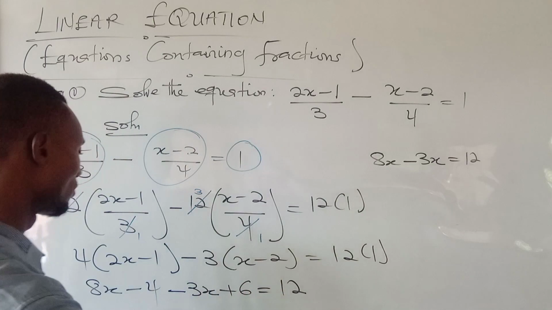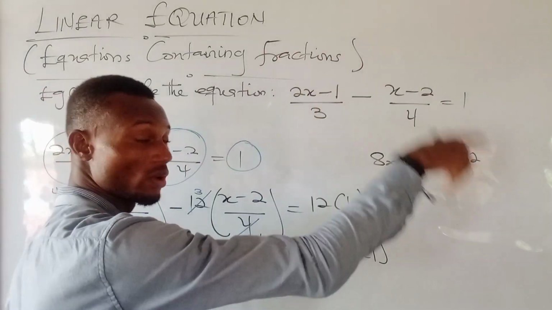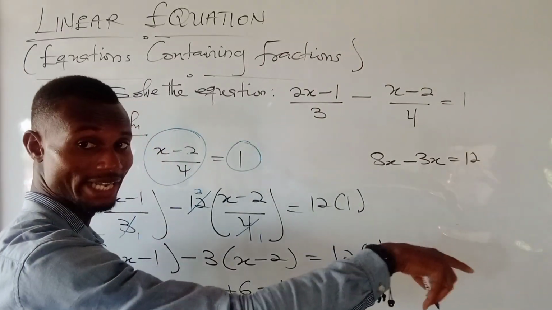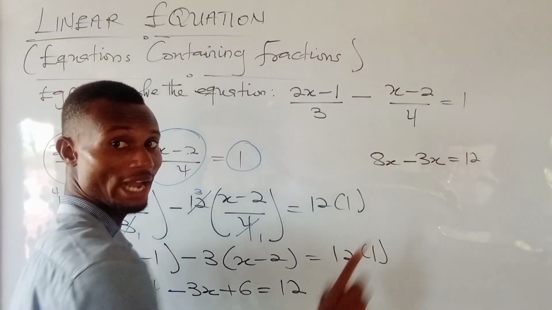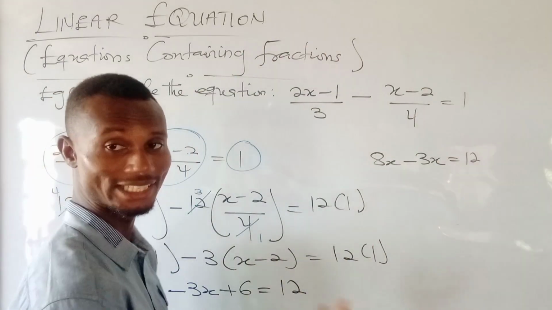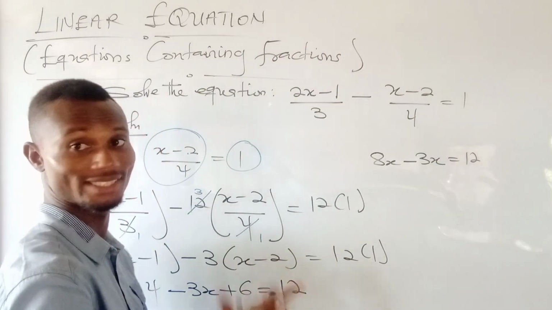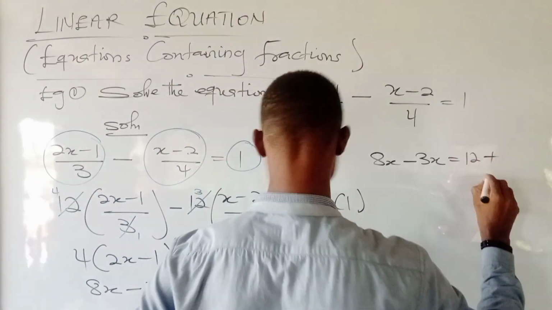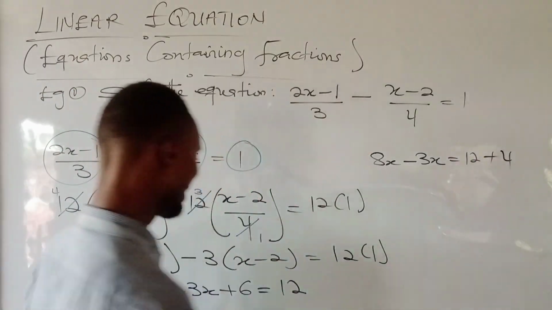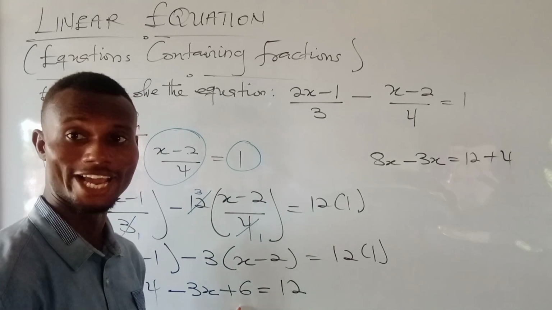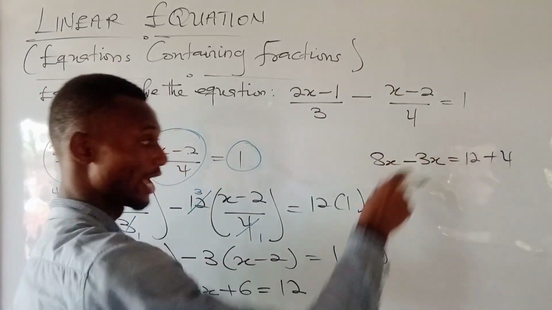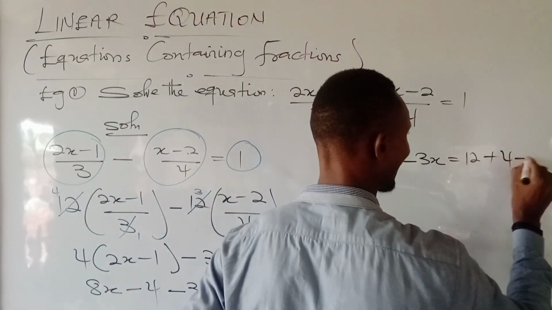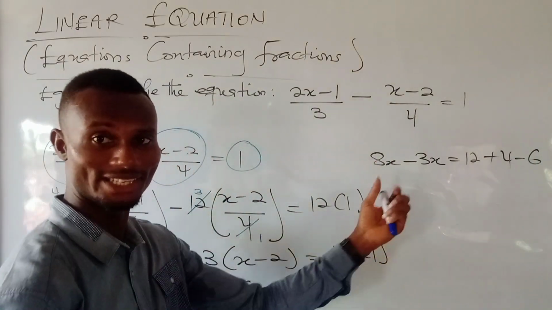Then now the negative 4 crosses the equal sign and goes to join the 12. It is negative; when it crosses the equal sign, it becomes positive. I've explained that when anything crosses the equal sign, the sign it has changes. So plus 4. Then I have positive 6 also here. It will also cross the equal sign and go there, and it will become minus 6. Hope you can see it well now.